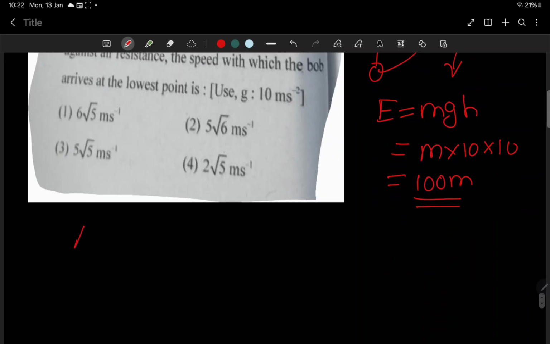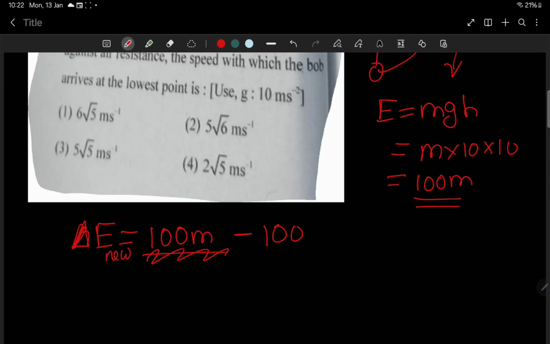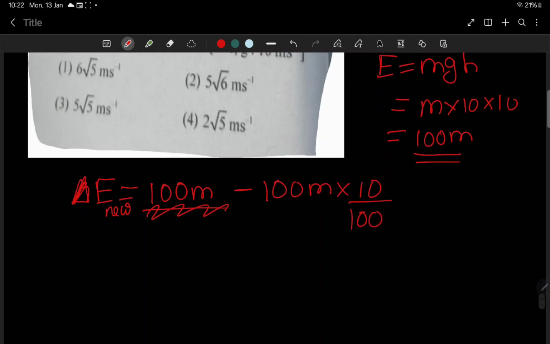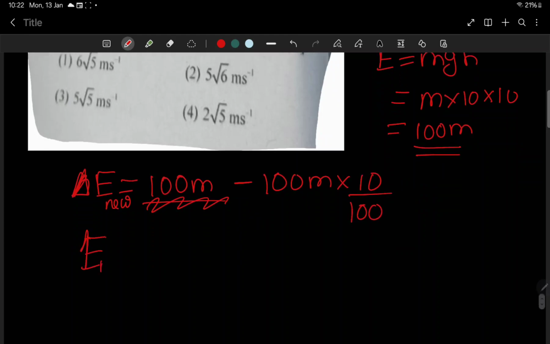Now they are telling that there is a change in energy happening, that is 10% of energy is lost, that is 100 m minus 100 m into 10 by 100. Okay. Therefore the new energy is equal to 90 m. This is the new energy.